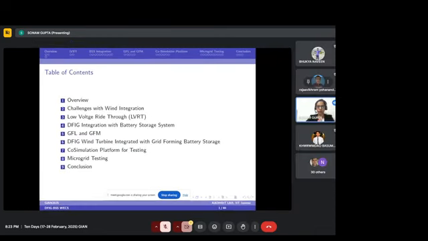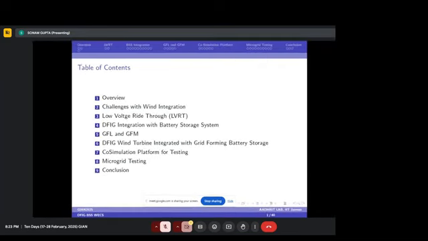Then the different responses that we are looking into right now, grid following and grid forming, then DFIG wind integration with grid forming battery storage systems. Another main part of this topic is the hardware validation within the lab testing facility, either hardware in the loop testing or the co-simulation platform, for assuring the control strategy that we are going to propose.